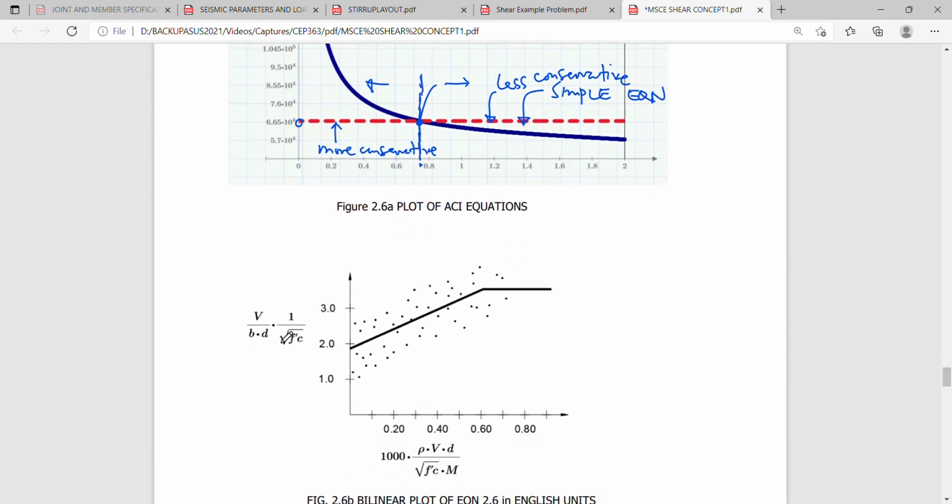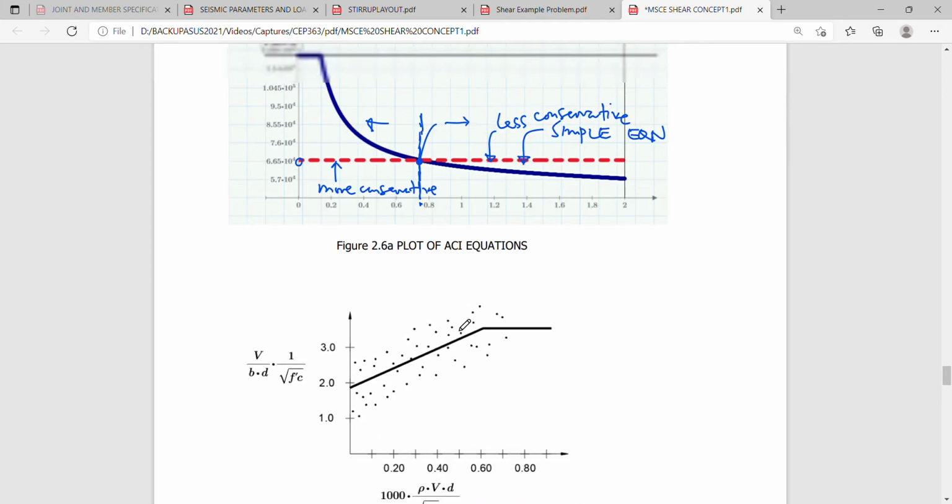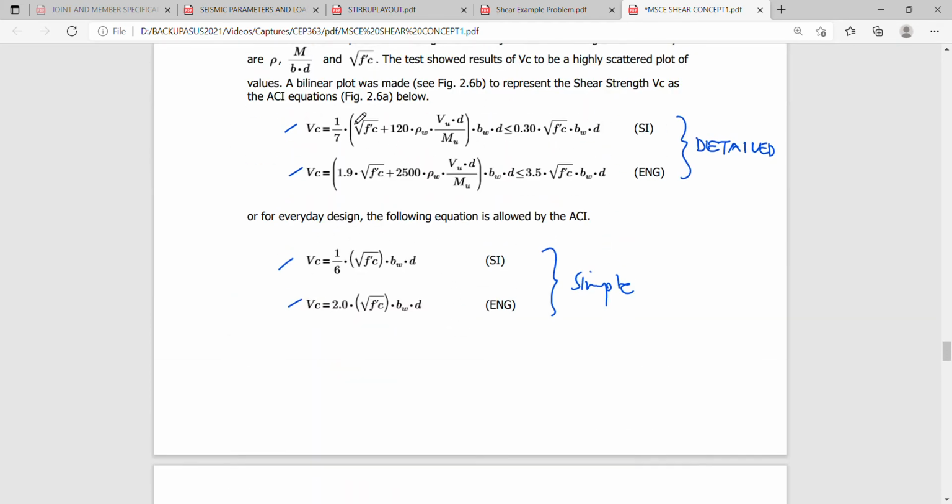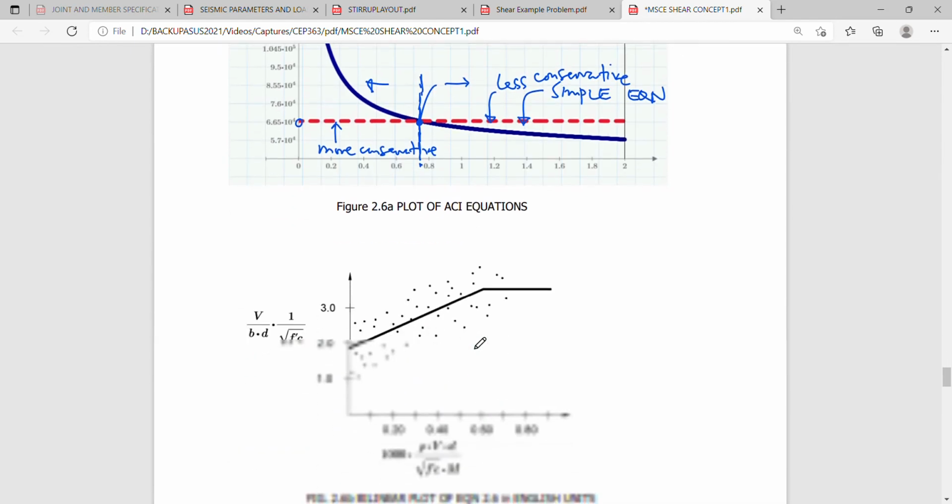So here, your shear is implicitly mixed up with square root of fc prime, and here also your shear is mixed up with variables, let's say rho, square root of fc prime, and so on. Okay, so there's a mixture. But I would just like to tell you that this equation above here was actually patterned or derived from the plot of this equation based on test results.